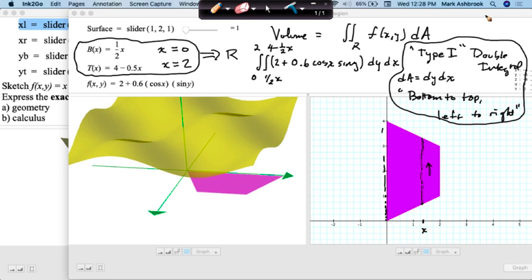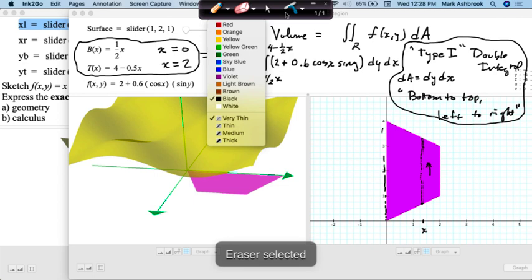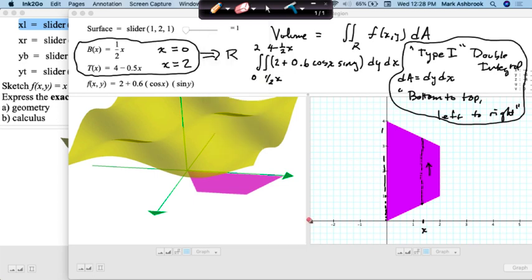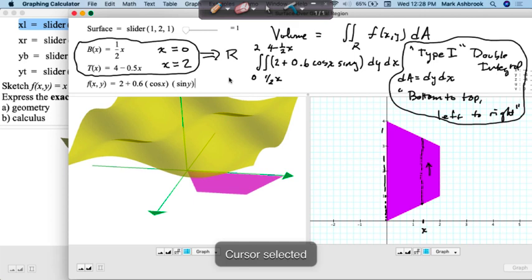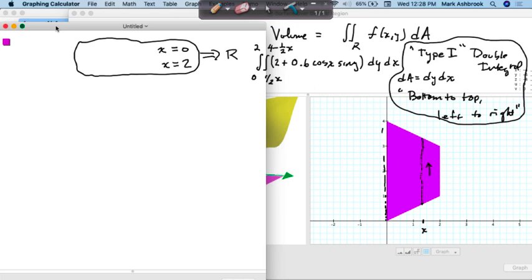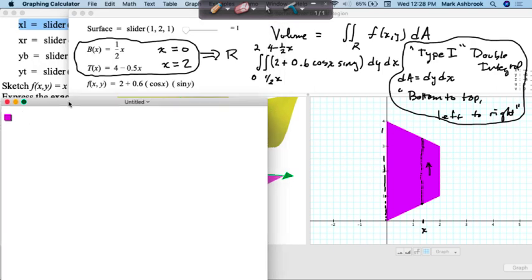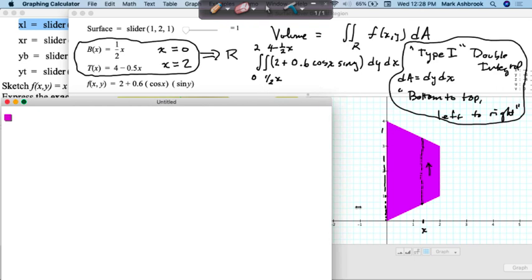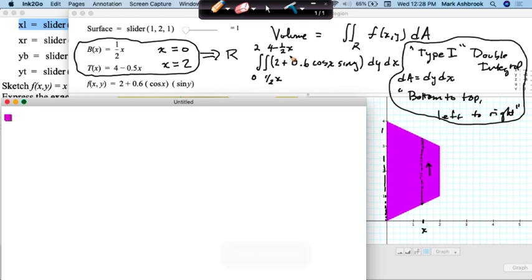Okay, and so let's write this awful thing out here. Need some room. Let's do a little bit of the math here. We hold x constant and do the antiderivative with respect to y. What will that be?